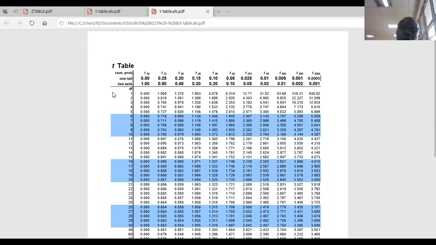You are talking about two tails. Two tails means that, and listen to this, please, two tail at 0.1 is not the same.